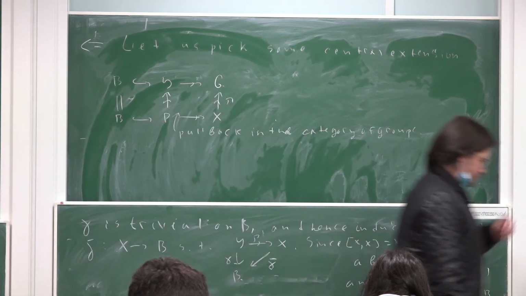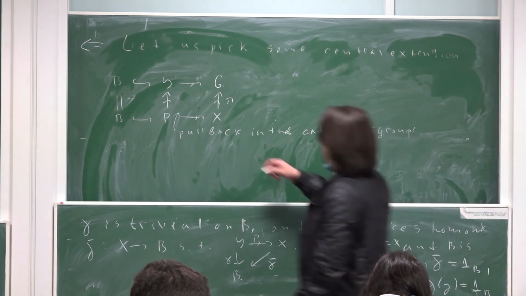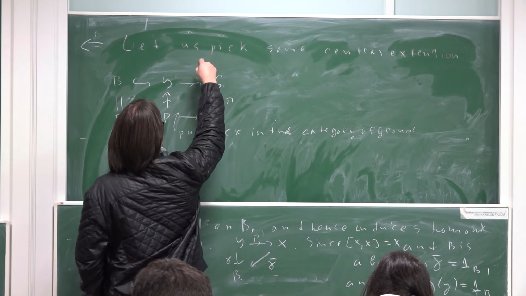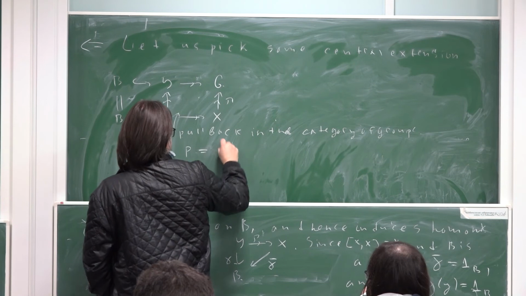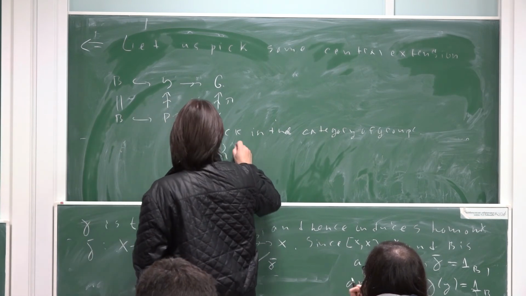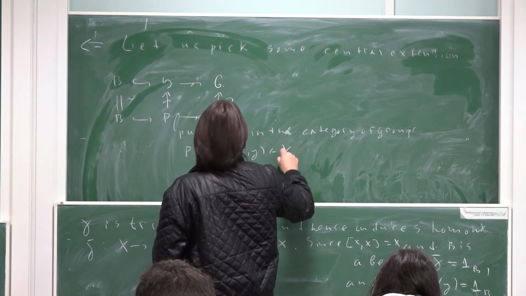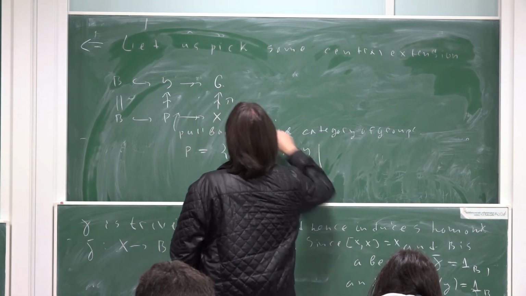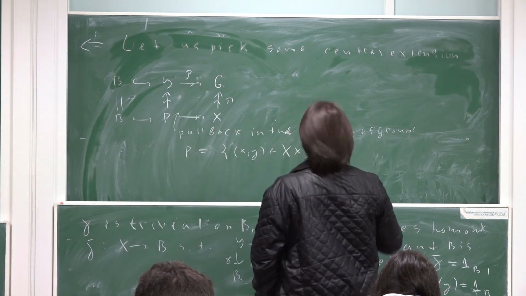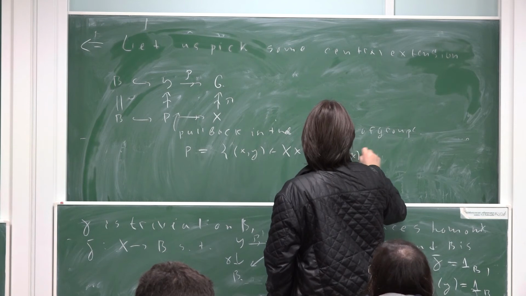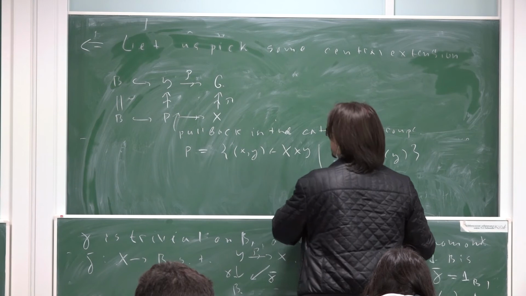If you want to have a more explicit construction, then you can define P as a set of xy from x times y such that pi of x is equal to rho of y, something like this.